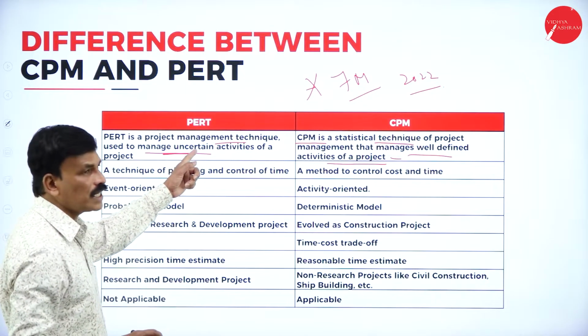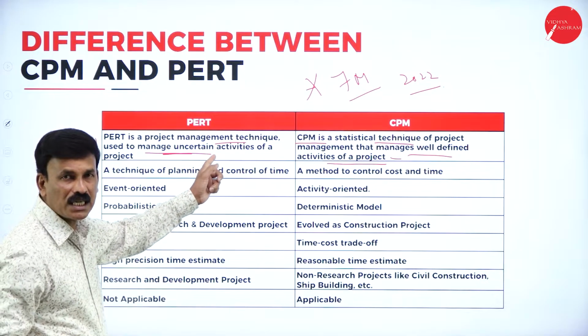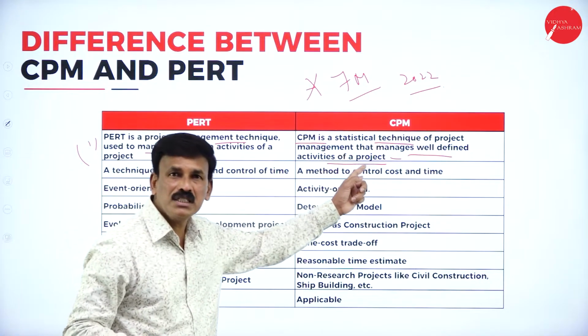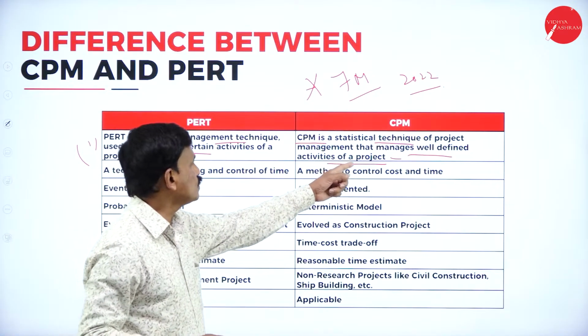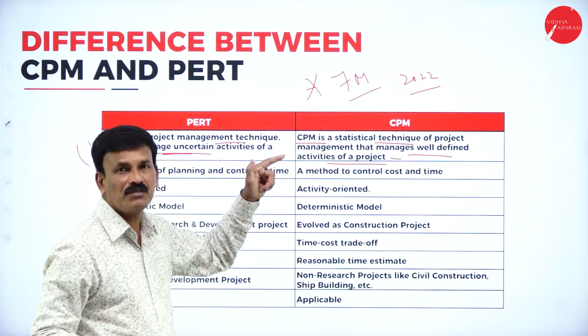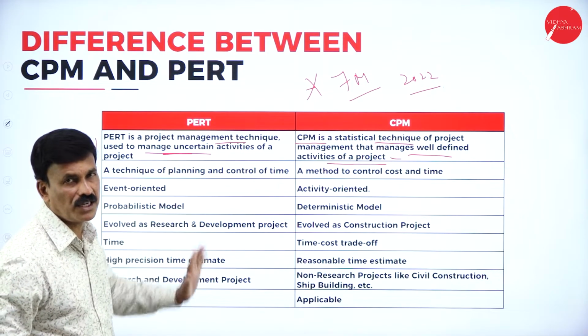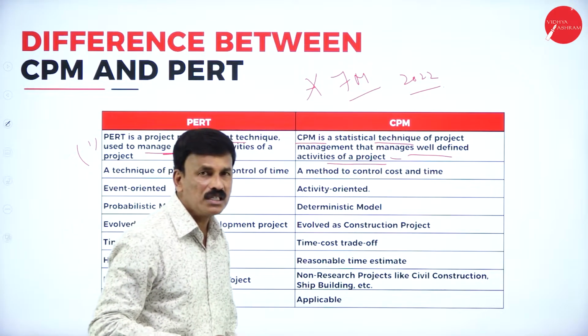Here the activity is uncertain, whereas there the activity is definite and well-defined. This is the first important difference.